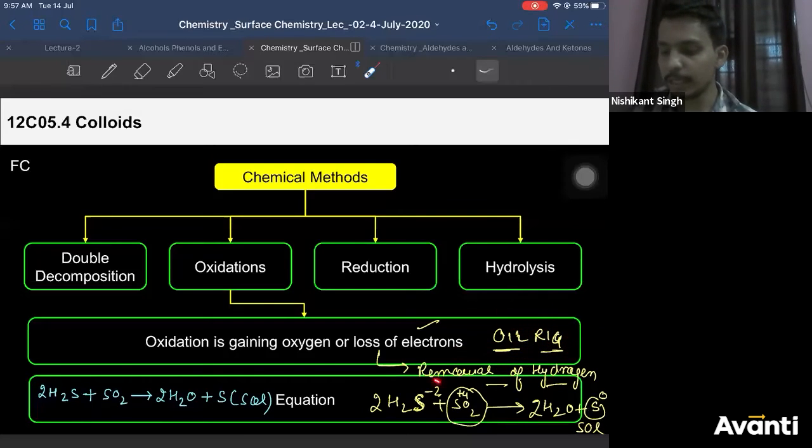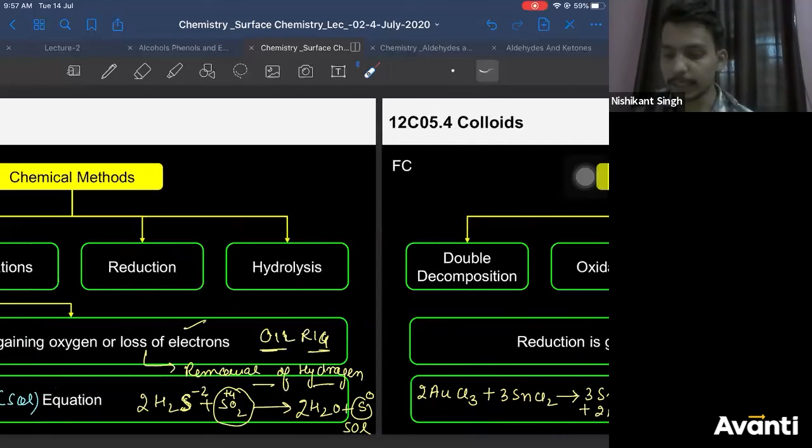Sulfur is in different compounds, no? It is not a disproportionation reaction. When the same element gets oxidized as well as reduced, then you say it is a disproportionation reaction. It's a type of redox reaction. You can say it as a redox reaction. Yes, Chetna, it is a redox reaction.